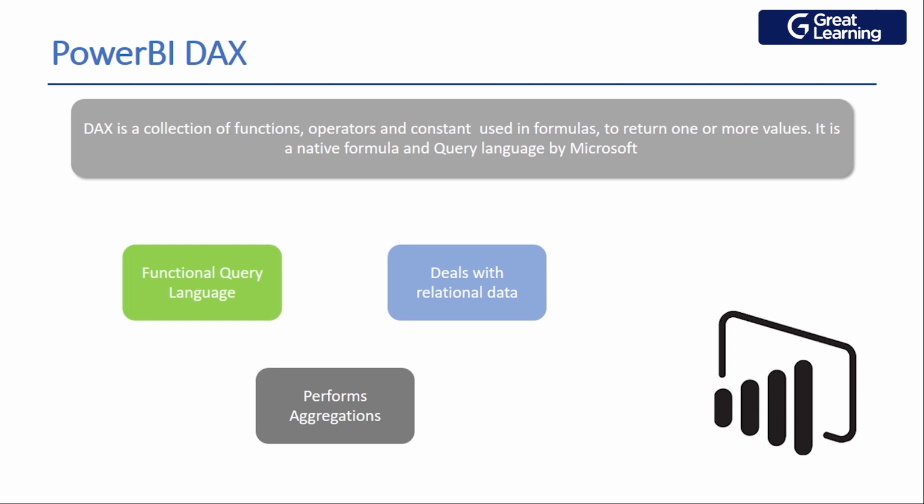Let me, however, simplify the definition for you. In simple words, DAX, or Data Analysis Expressions, is a process where you can create functions, or sub-functions, using which you can generate certain values.